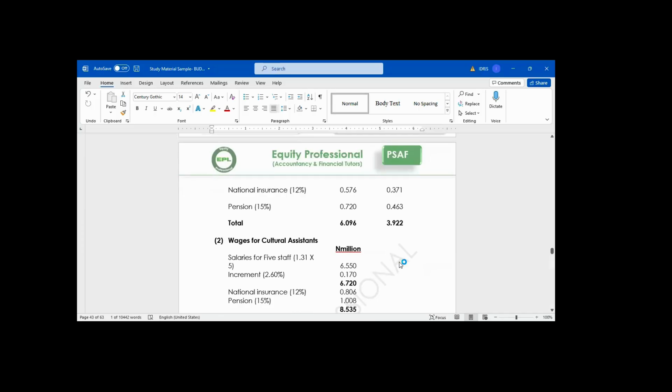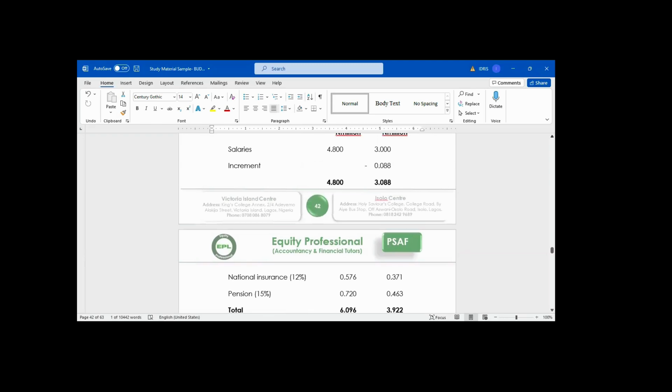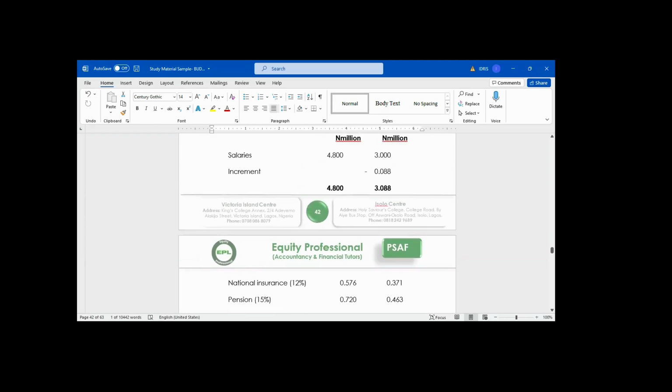Now, what is the note on increment in wages? What note do we have for increase in wages?